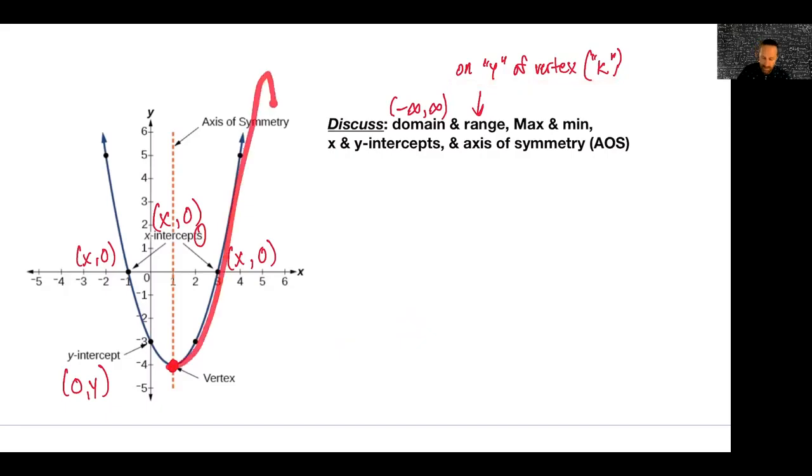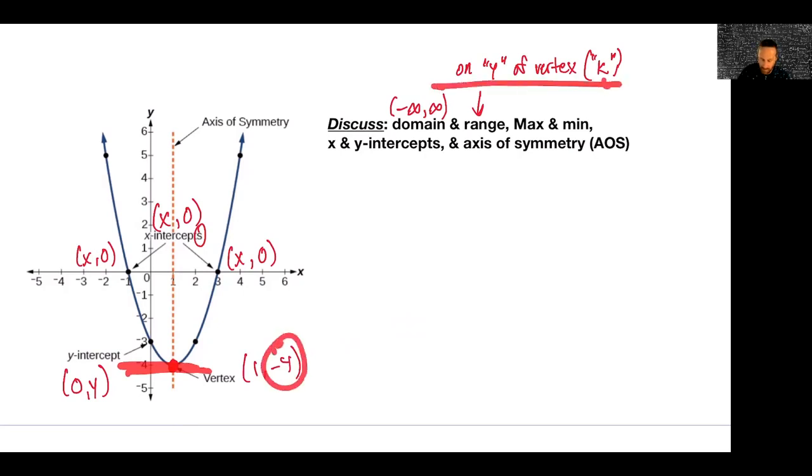If it's facing up, it's going to go up forever. So remember, smallest to biggest on our y-axis, which means bottom to top. When do I start hitting my y values? Well, notice my vertex on this would be (1, -4), and it starts at -4. And it goes up all these y values to infinity.